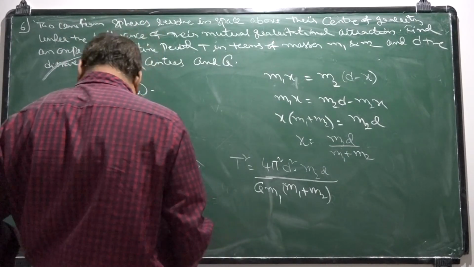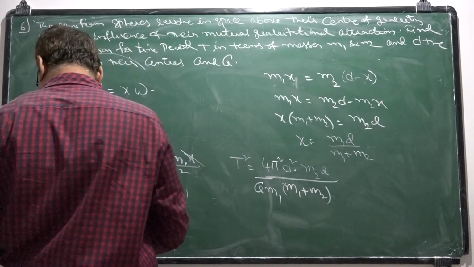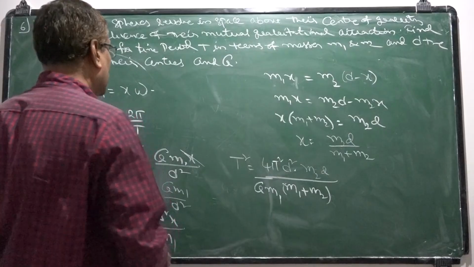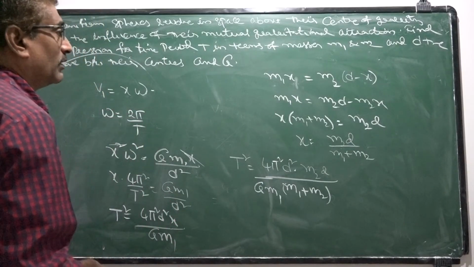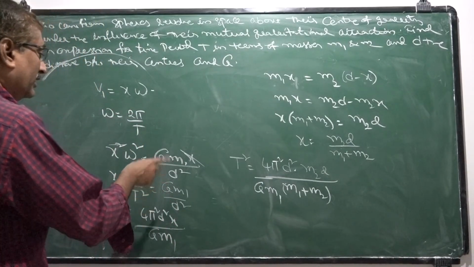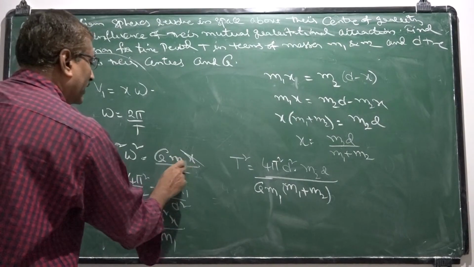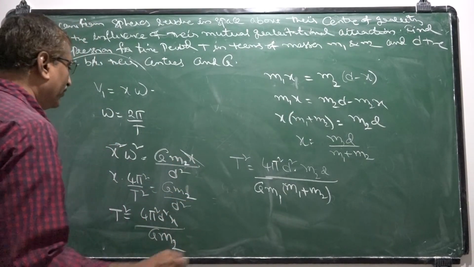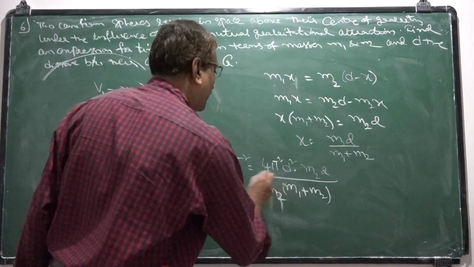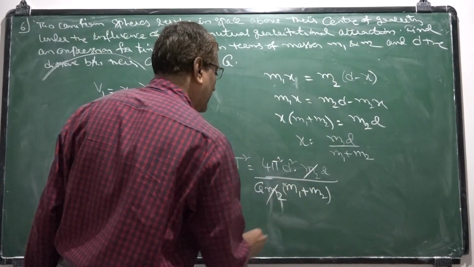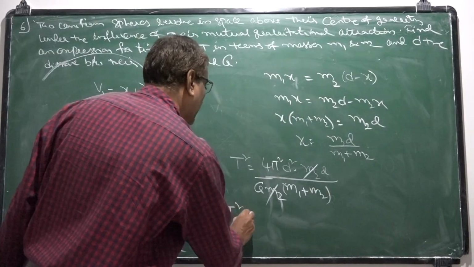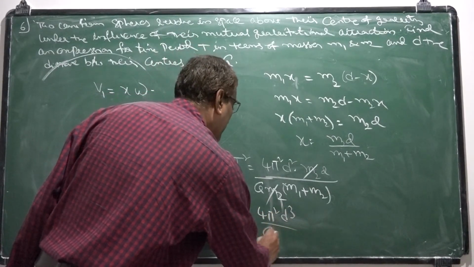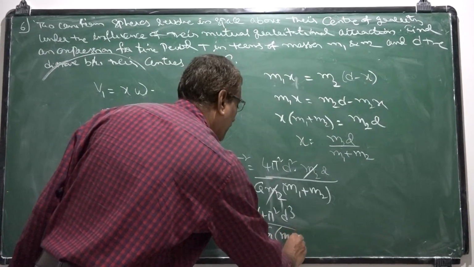Now substituting x here, T square is equal to 4 pi square d square into x, that means m2 d by m1 plus m2, divided by G m2. Sorry, so this also gets cancelled. So T square is equal to 4 pi square d cube by G into m1 plus m2.